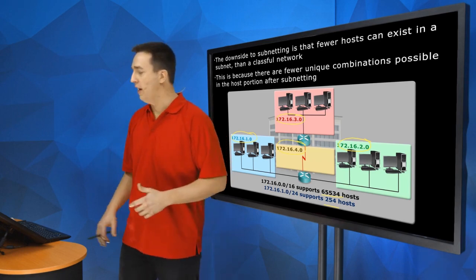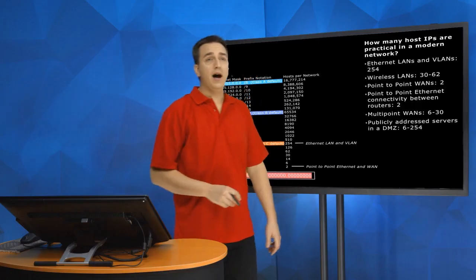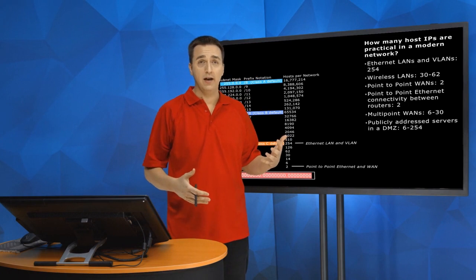So you know what? I want smaller networks. So what are practical sizes for our networks? Well, limit your Ethernet LANs and your VLANs, where you're going to have your end users and your phones, to just 254 users. So really, I don't need a subnet any larger than 254, do I?